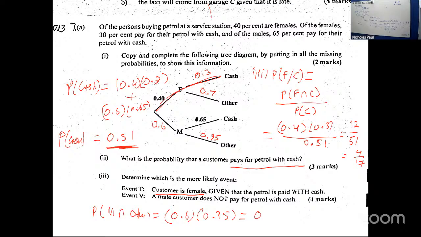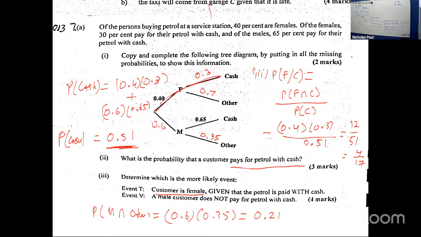0.21? Sure, right? Multiplied, right? All right, nice. 0.21.